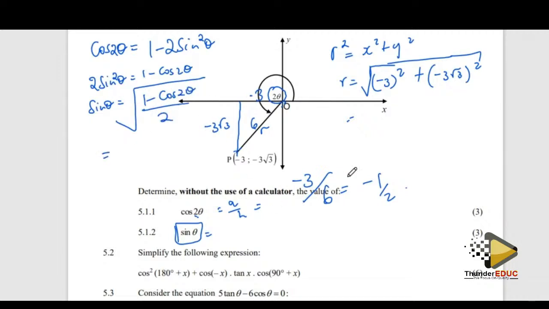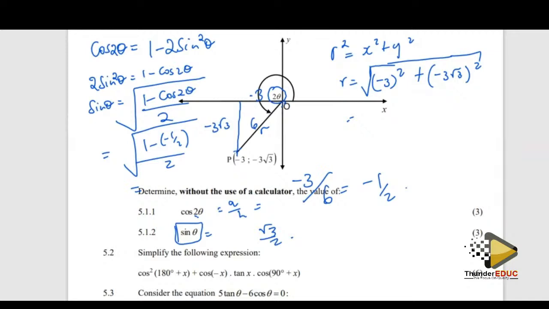When we substitute our cos 2 theta, which is -1/2, it's going to be 1 minus -1/2 over 2 under the square root. You can go bit by bit or just at once, no problem. Okay, we're dividing by 2. I'm getting √3 over 2. So we need to see all these workings out.